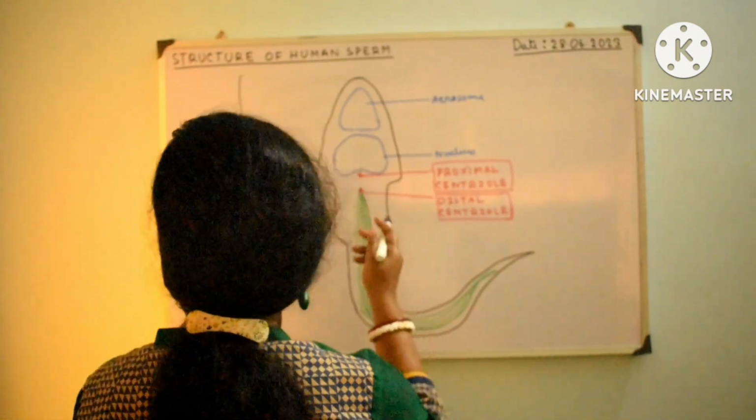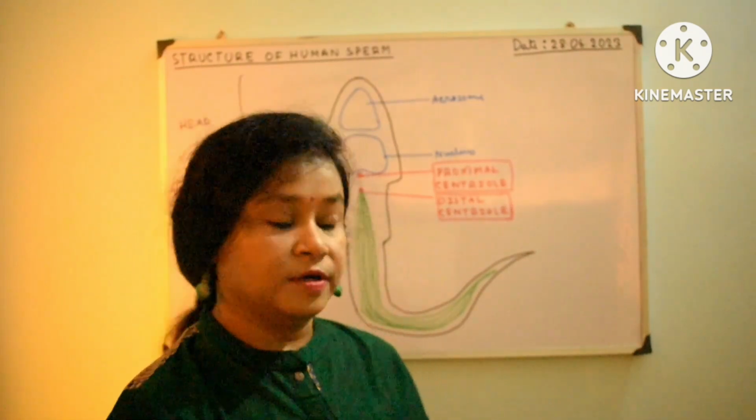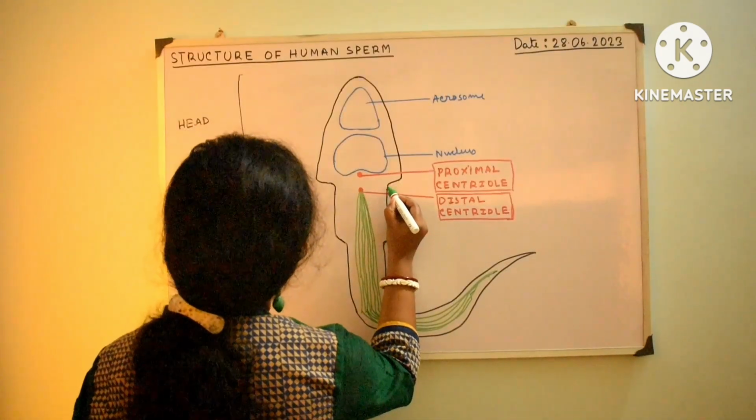Here in the middle piece is the structure of the spiral mitochondria. Let's draw this turning.